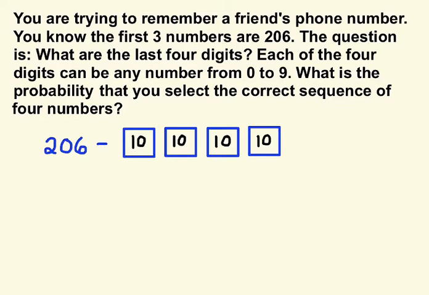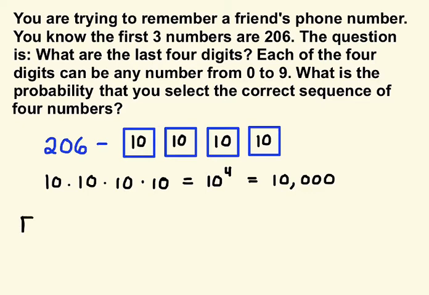So the total number of ways that we can select it is 10 times 10 times 10 times 10. This is our fundamental counting rule. So this is going to be 10 raised to the fourth, which is 10,000. So that's the total number of ways that we can select these four digits.